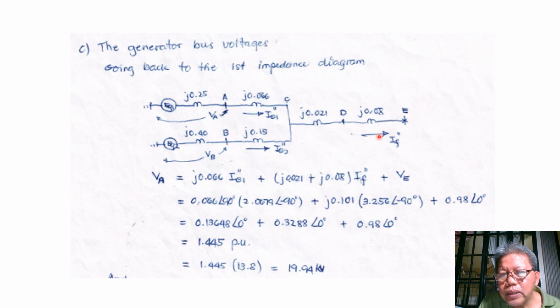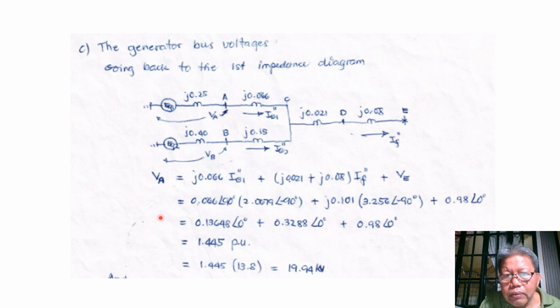So this voltage drop plus V sub E, measured from the ground. Substituting the values for the fault currents here, for V sub E we have 0.98 at an angle of 0, the actual voltage at the point of fault. And then simplifying, we have all the same angle 0, so we obtain 1.445 per unit at an angle of 0, or just this real value.